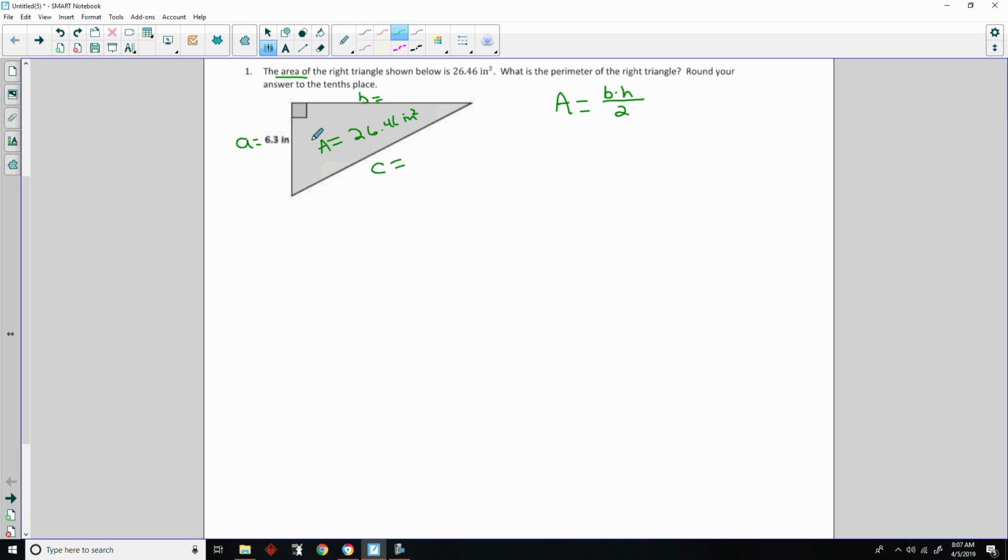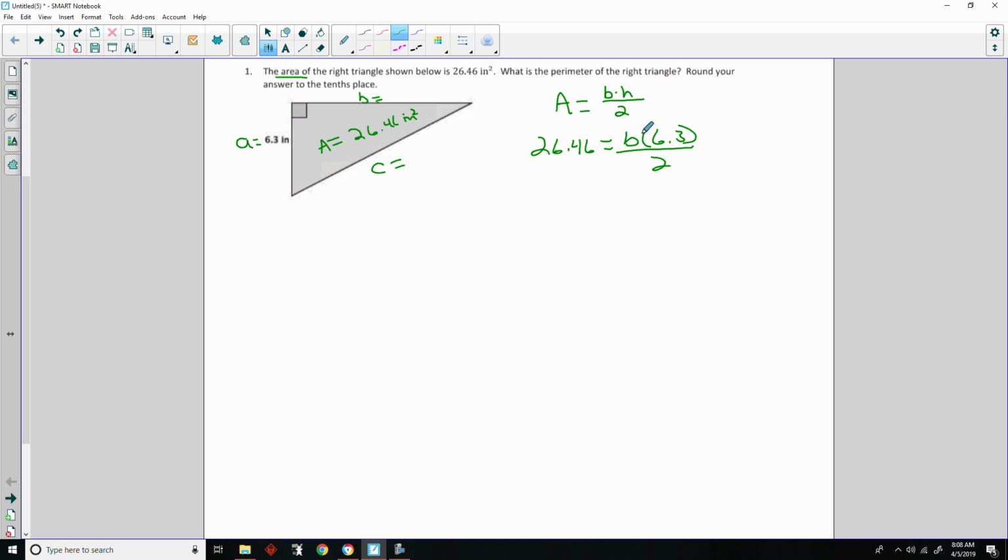We don't know what that is. A would be our height, so our height is 6.3. We know the area, so we substitute in our givens. So 26.46 equals our base, which we don't know, times our height, which is 6.3, divided by 2.